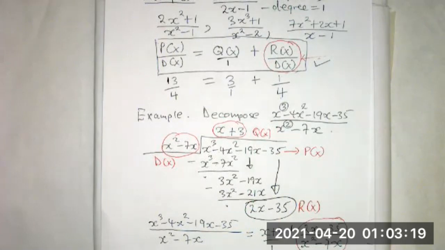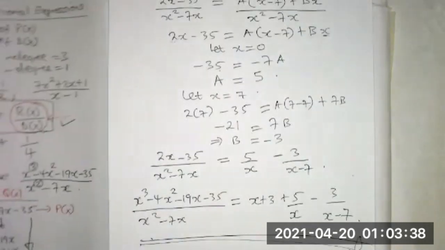Now, R of x and D of x is what you need to partialize using either case 1, case 2, case 3, whichever situation. In this case, we've used case 1 because the factors in the denominator were distinct, they were different. So that is how we partialize.